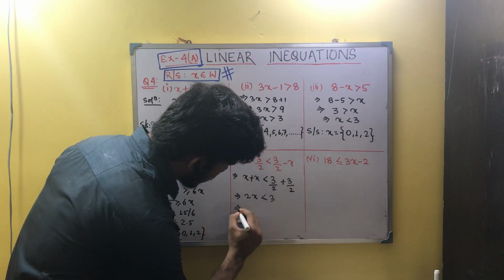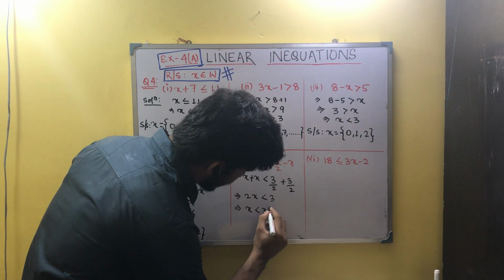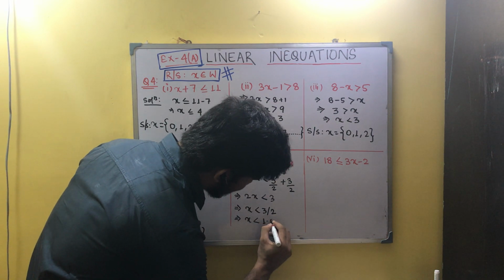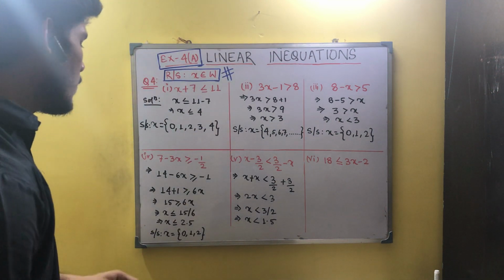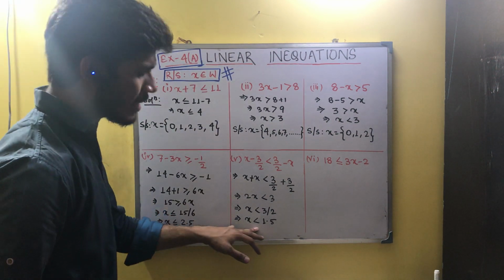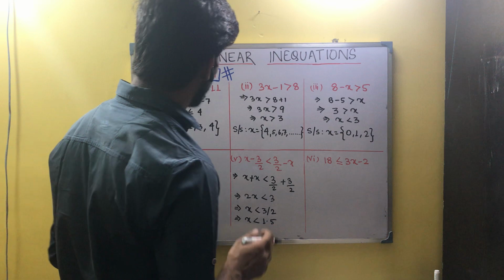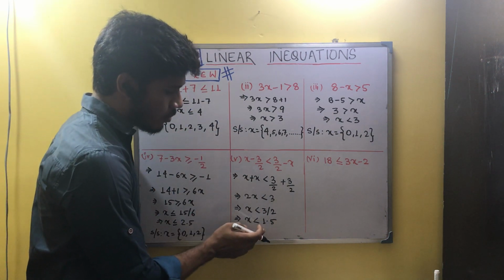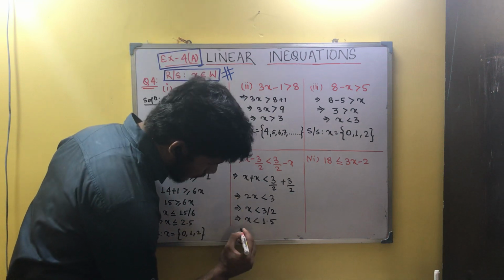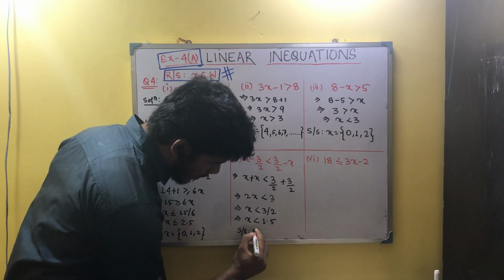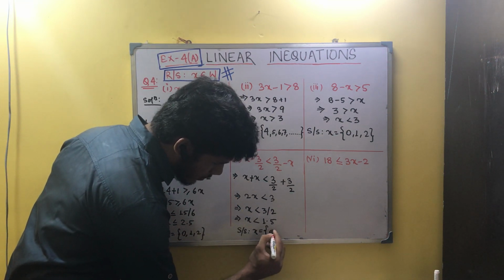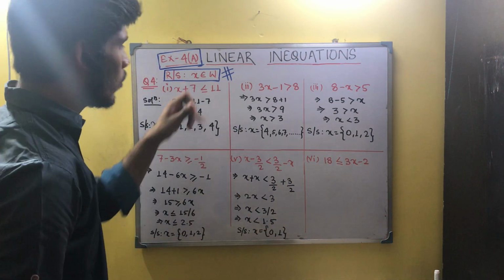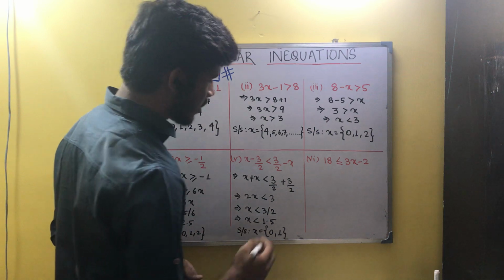Now this gives you x is less than 3 by 2, which finally gives you x is less than 1.5. Now if x is strictly less than 1.5, then what whole numbers do you have below 1.5? The solution set would be x equals to 0 and 1, isn't it? Because 1 is less than 1.5 and 1 is a whole number also. So this is the solution set for 5.